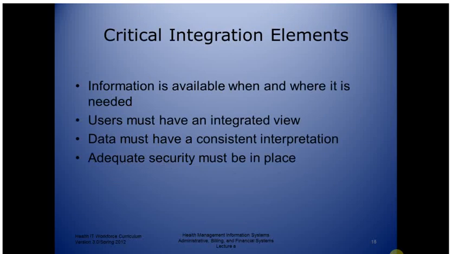Here we go. So available whenever it's needed. That it's integrated. We talk about this big system in the hospital when we're putting in Cerner. Everyone needs to be able to see what's going on with that patient in real time. There were some suggestions that maybe respiratory therapy didn't need to see how much intake and output the patient had, their I's and O's, how much they ate, how much they peed, how much they drank.